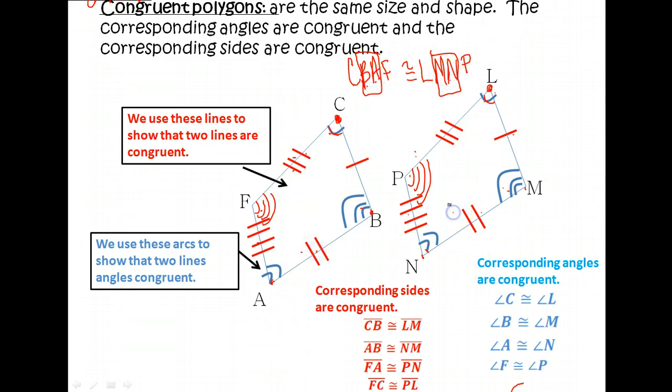BA and MN are two congruent parts. If they said angle F, what's angle F congruent to? Without even looking at the picture, it should be congruent to angle P, because they both came last in the name. So that's one benefit. It can help you match up corresponding parts without even seeing a picture of the figure, because the letters should go in the same order as their congruent parts.